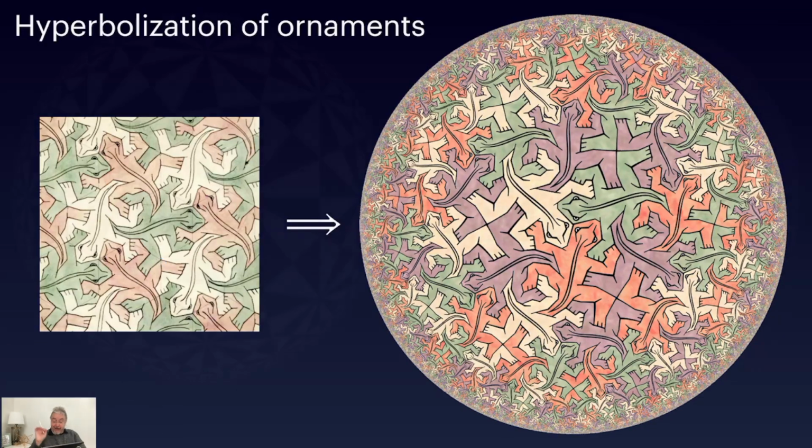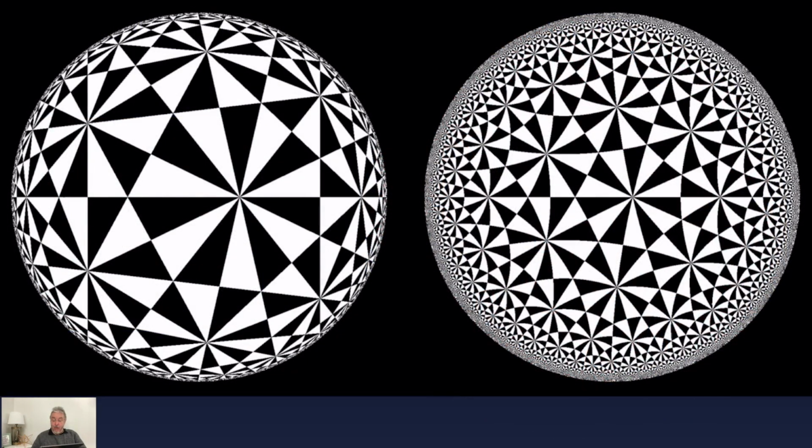Okay, finally, I want to compare once more the Beltrami-Klein model, which is this one here, and the Poincaré model, which is this one, to show you again the advantages and disadvantages.